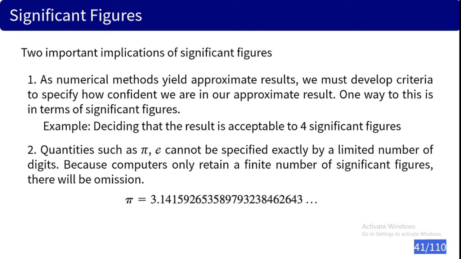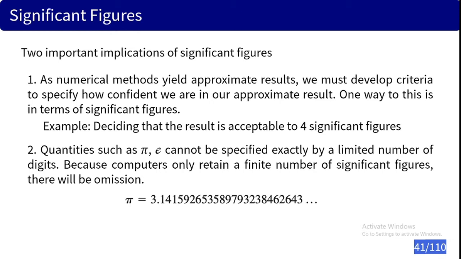For example, if you decide that your computation is acceptable up to 4 significant figures, thus you set a tolerance or error of 4 significant figures, for example, up to 0.0001 is the error you want in your computation. Then your computation will terminate once the error falls below that number of significant figures. Okay? So that is how you build confidence in our approximations.